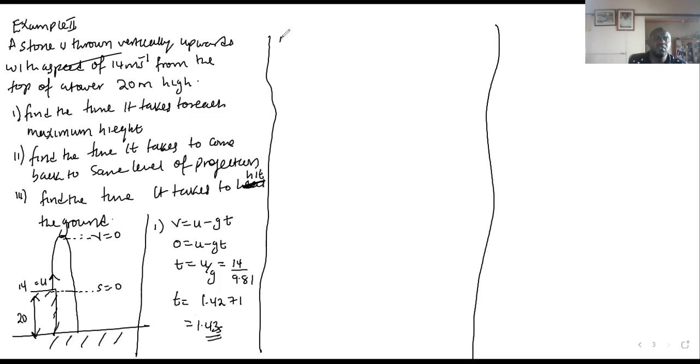Then Roman 2, the time it takes to come back to the same level of projection. Remember, at the same level, displacement is 0, and from S is equal to UT minus GT squared all over 2, this should be 0. When factorized, it will give us T times U minus GT over 2 is 0.